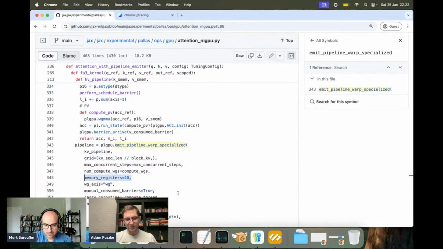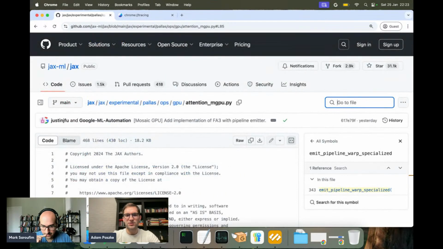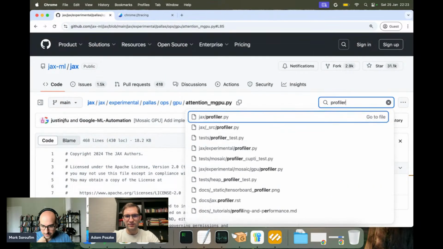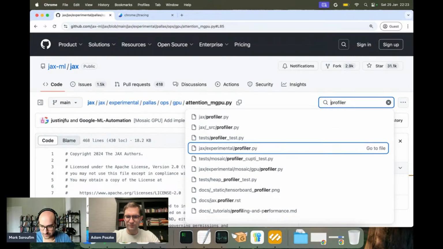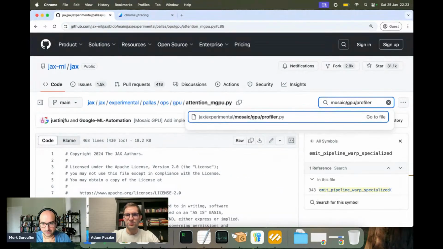Once the kernel is done, there's an epilogue phase where a single thread copies the log of what happened into GMEM, and then there's a little Python snippet that interprets this. In fact, if you just go to, yeah, there will be the Mosaic GPU profiler py.